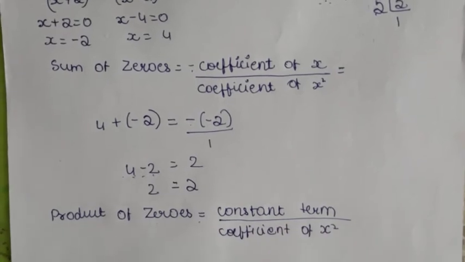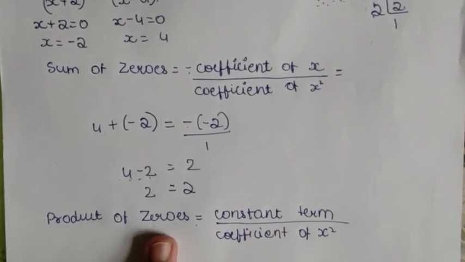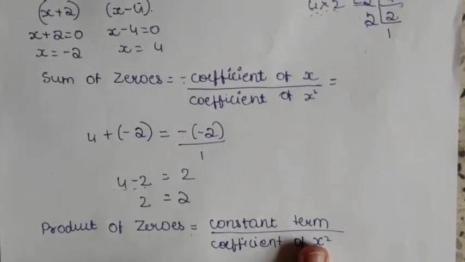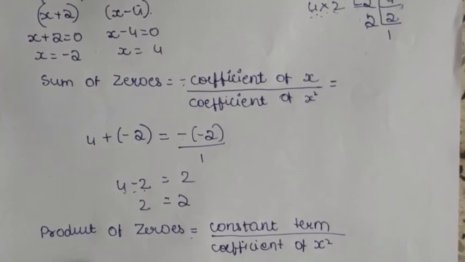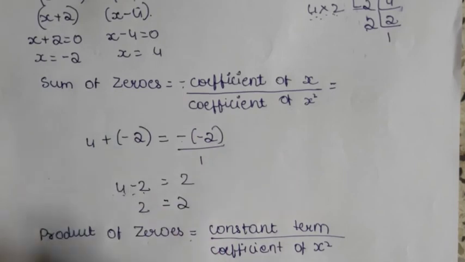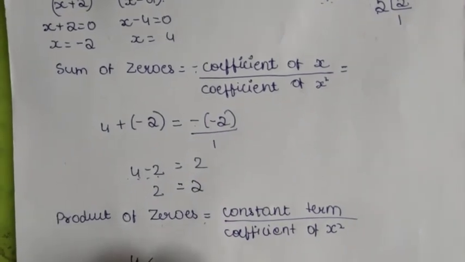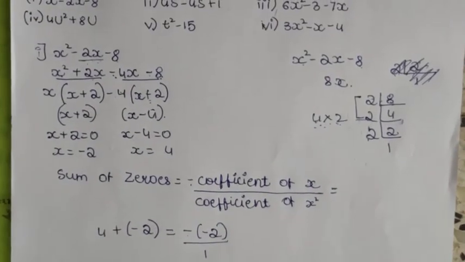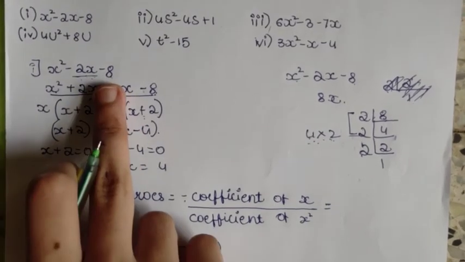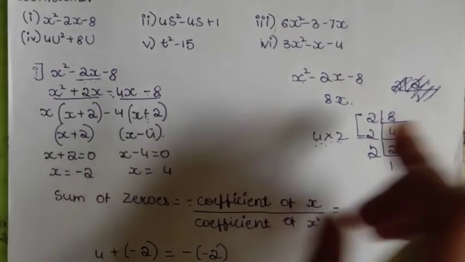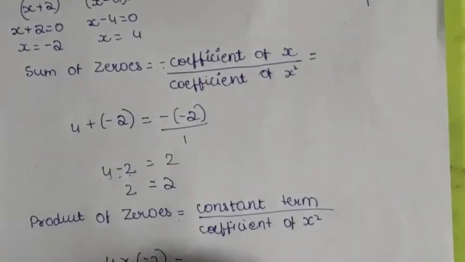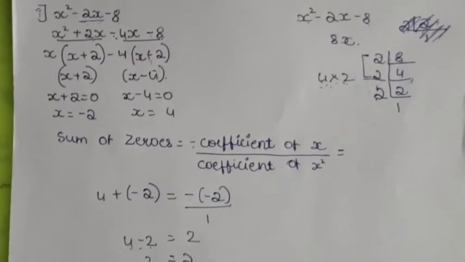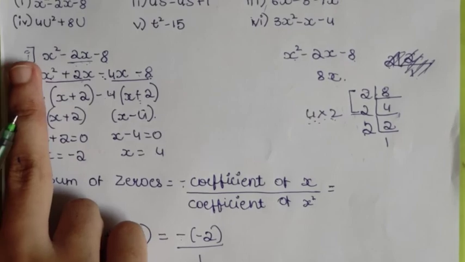I'll write it as 4 into minus 2. The constant term here is minus 8, so it becomes minus 8 by the coefficient of x square, which is 1.